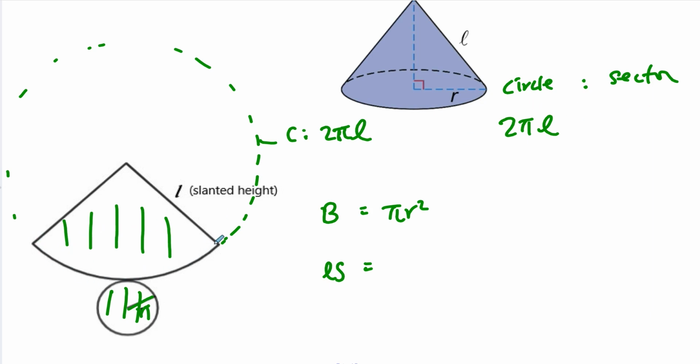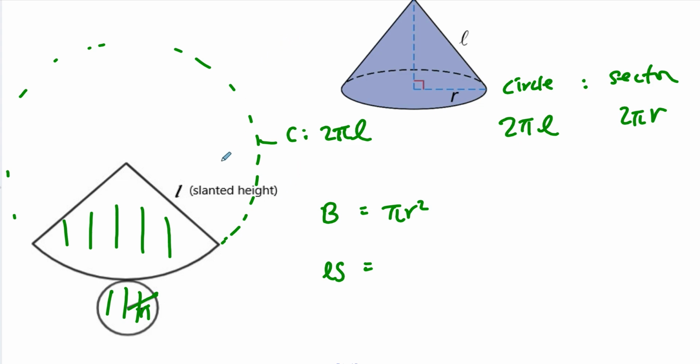This length is apparently the length around this circle, right? Because if you put this circle here and you roll it, then from this end all the way around, that comes down there. So we know that the length of this sector, which we call arc length, is exactly the same as the circumference of this smaller circle, which is 2 pi r.